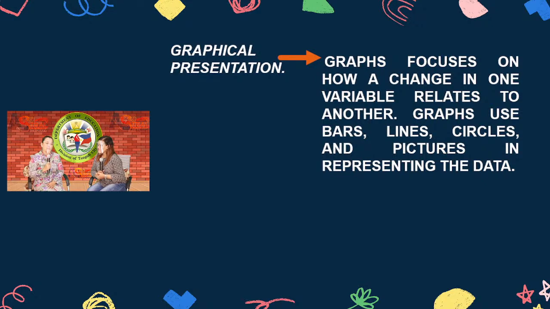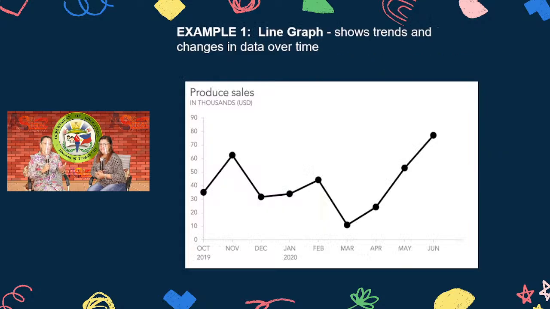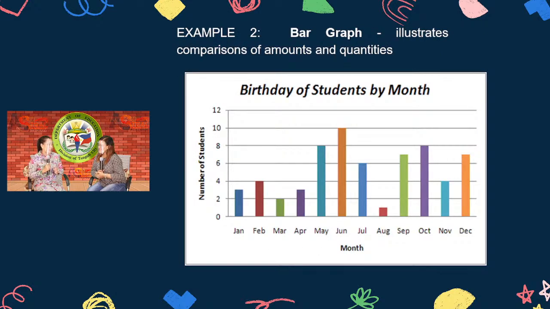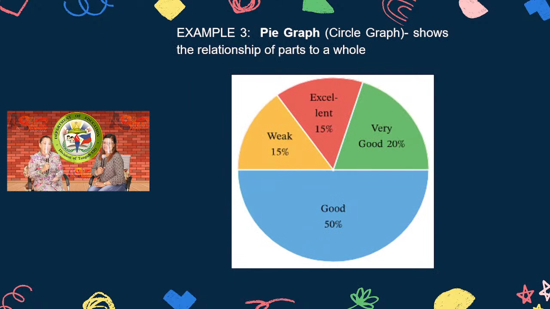The line graph illustrates trends and changes in data over time, while the bar graph illustrates comparisons. You compare the first variable to another variable, comparisons of amounts and quantities. While the pie graph or the circle graph displays the relationship of parts to a whole.